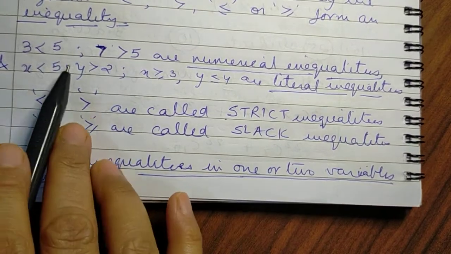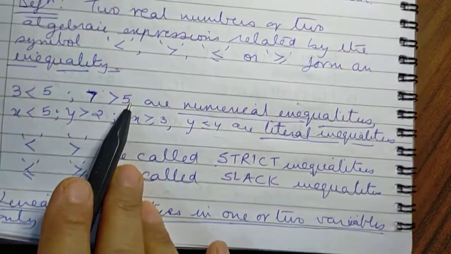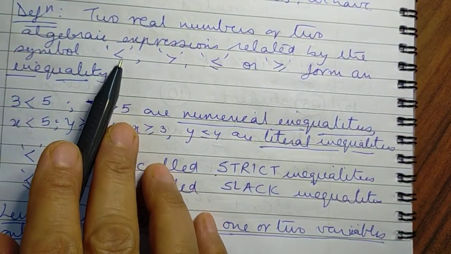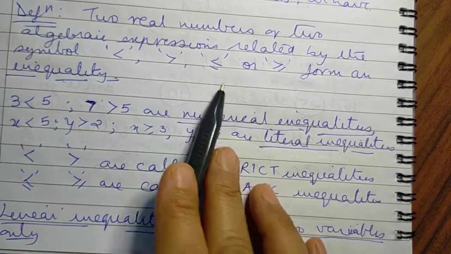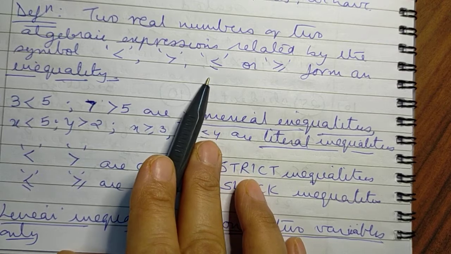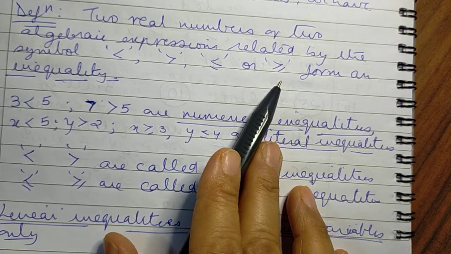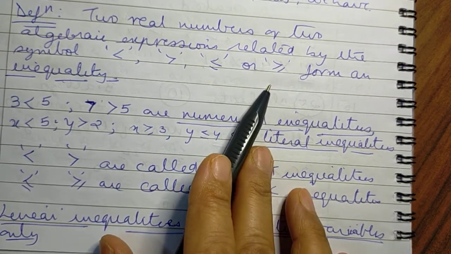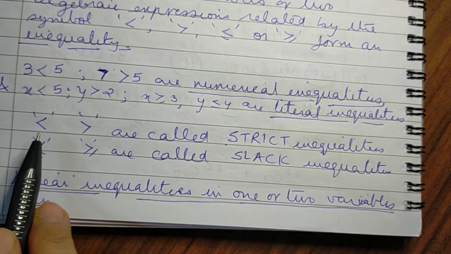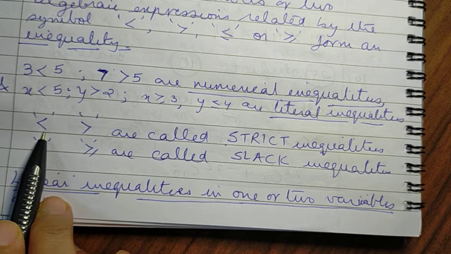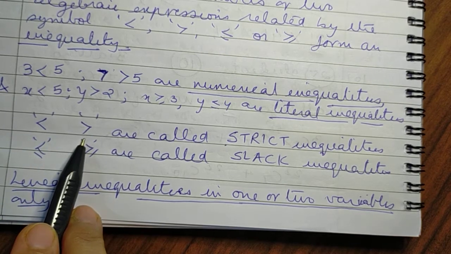Again, as you can clearly see, some symbols are only less than or only greater than. Two symbols have an equal to sign along with less than, and along with greater than. So they can be divided into two categories: one where there is only a less than sign or only a greater than sign.